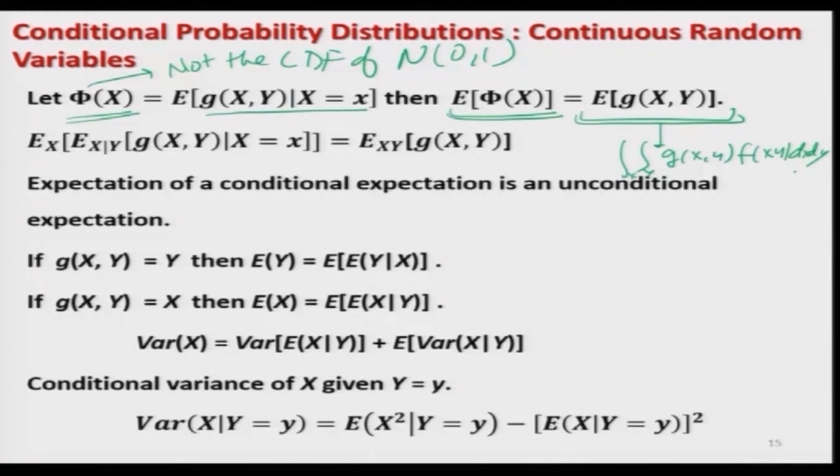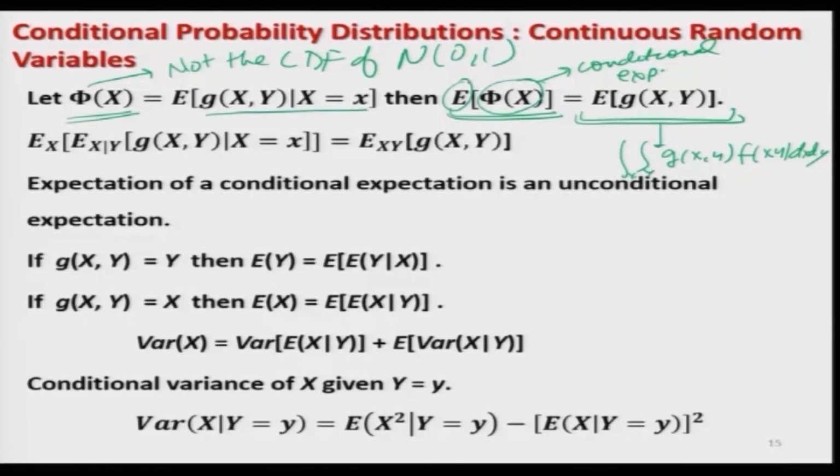Right. So, you can see here what is really happening. You are trying to take the expectation of a conditional expectation. Phi(x) is the conditional expectation. And now, you are trying to take this expectation operator E here.